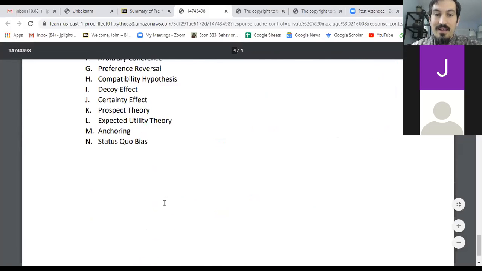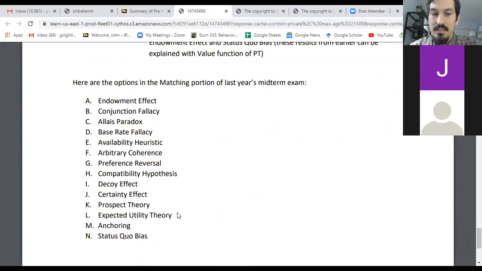And that's it. And then I have these matching portions from last year's midterm. I'm not saying I'm going to use the same ones this year, but it's pretty reasonable that I'll keep it pretty similar, and ask you some matching.